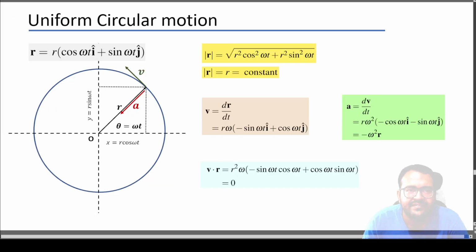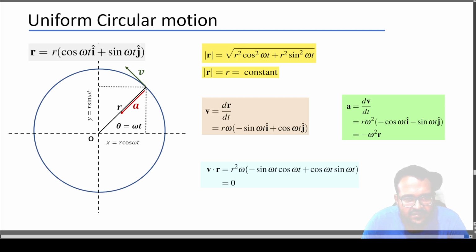So, okay guys. Now a brief introduction about uniform circular motion. We'll do it later also. We'll do it vectorially here. If a particle is rotating like this in a plane circular motion, O is the origin, r is the position vector.